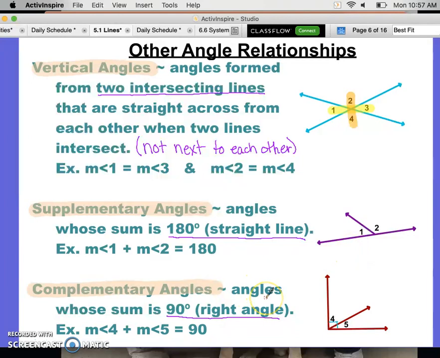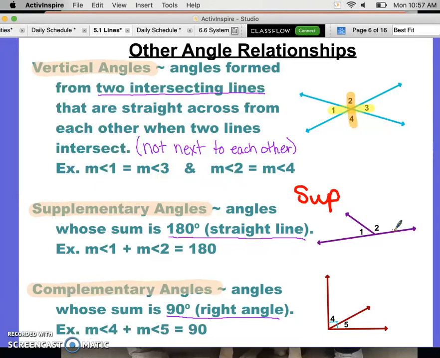Okay, supplementary angles. Supplementary, I want you to remember sup. If you go like this and say sup with your hands, do you see my arm? It's a straight line, right? A straight line is 180 degrees.